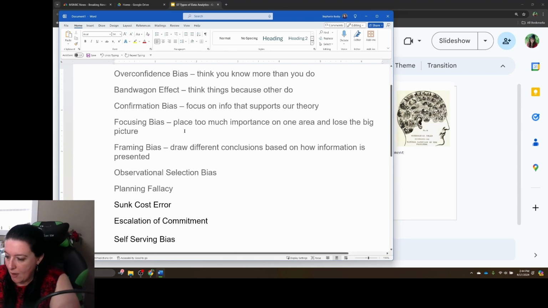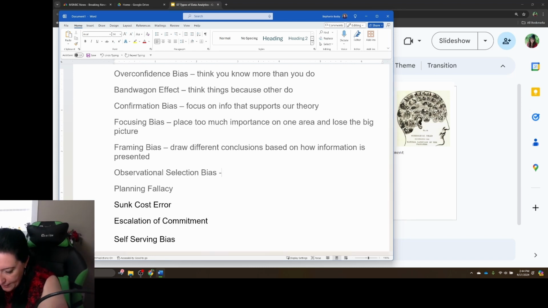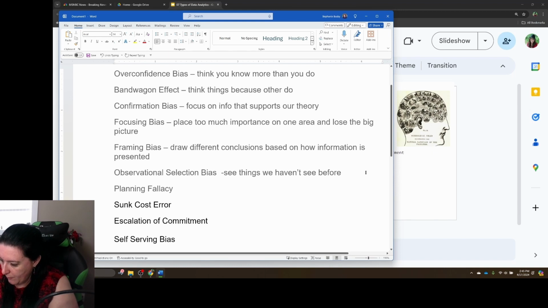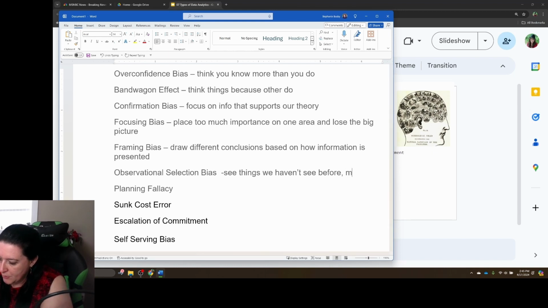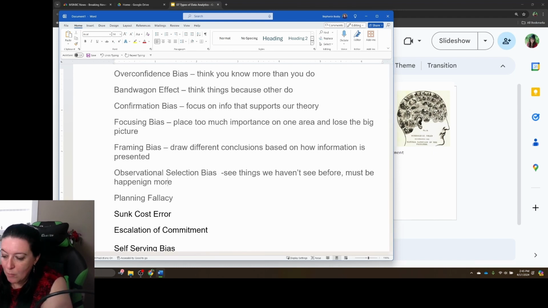All right, let's look at observational selection bias. Observational selection bias is when we see things that we haven't seen before, so they must be happening more often.